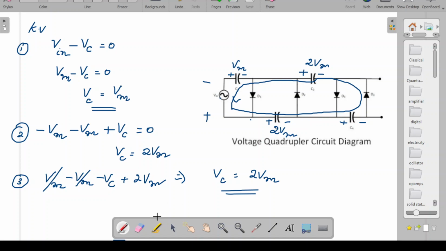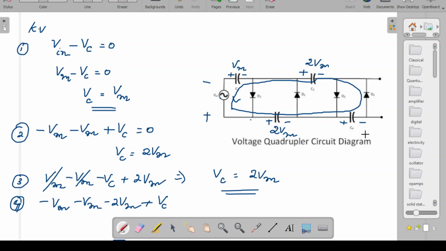Now considering this big loop, you tell me what the Kirchhoff's voltage equation is. Starting from here, this time this is minus Vm, and this is also minus Vm. Now this is also minus 2 Vm. Now coming to here, this is negative positive, so that is plus Vm.